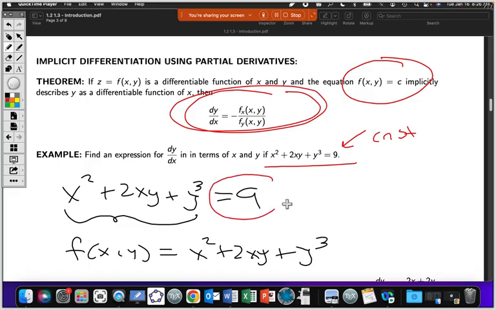When I set this equal to a number, I'm looking at slicing that surface at a particular altitude, and I get that contour. And so this results in a two-dimensional curve. And if things are nice enough, locally, that two-dimensional curve, I can express y locally as a function of x, and you might want to know what dy dx is.